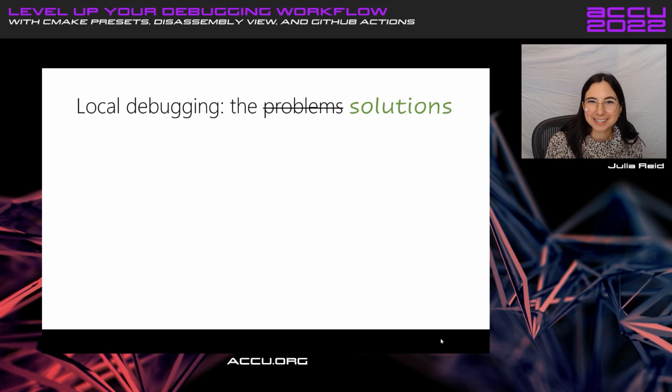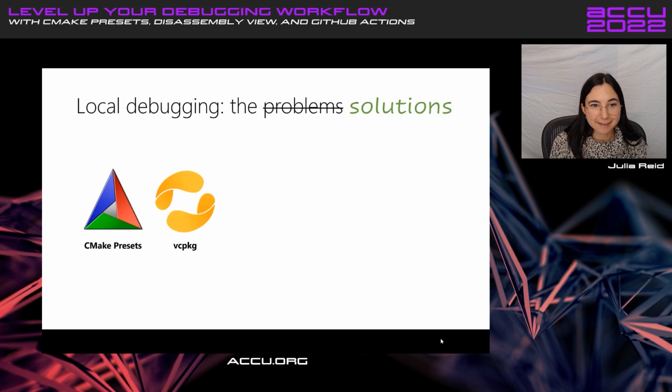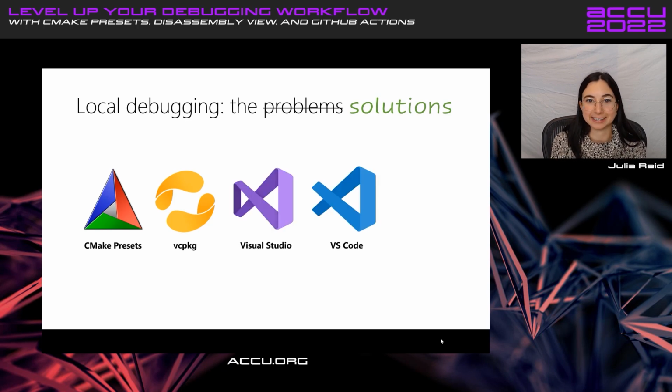Just to recap on some of the tools that we used today to level up our debugging workflow, we looked at CMake Presets and vcpkg and how you can use those together to set up a totally cross-platform, cross-editor and IDE debugging toolchain for your projects.